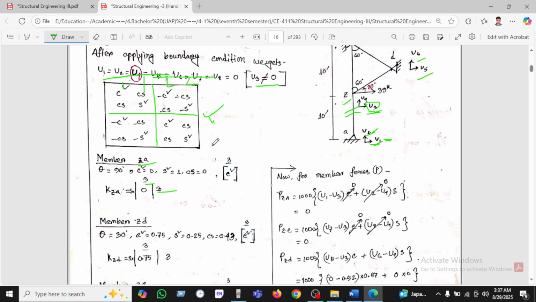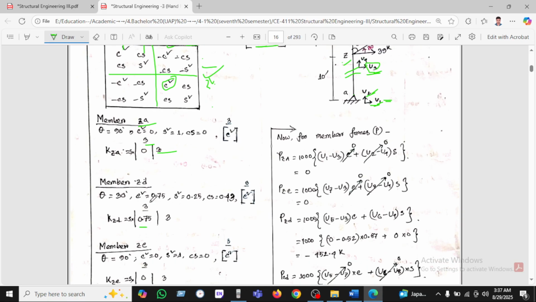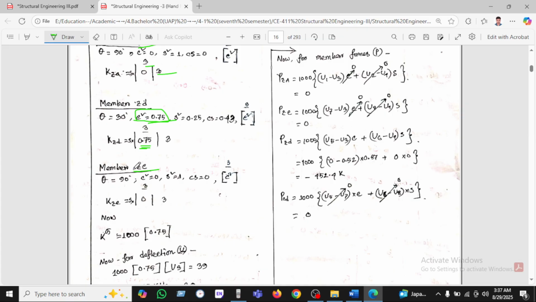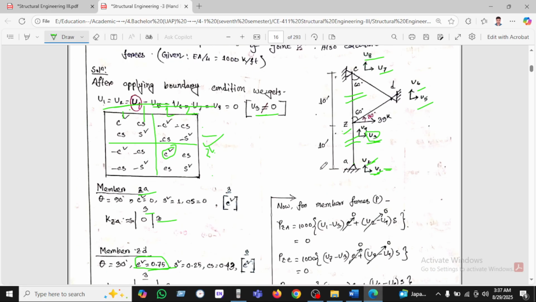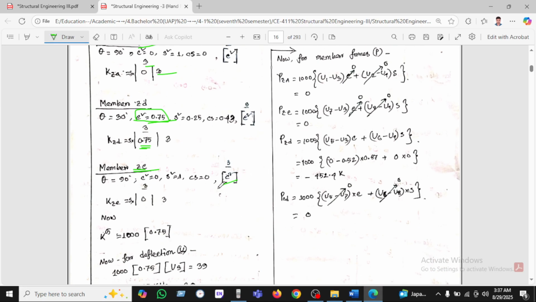So 1, 2, 3, 2, 3, 4. So it will be only C square. We have been taking only C square, 0.70. And the same way ZC, this is the ZC, it will also be the same as it is. C square, 3 into 3, C square, which is 0.